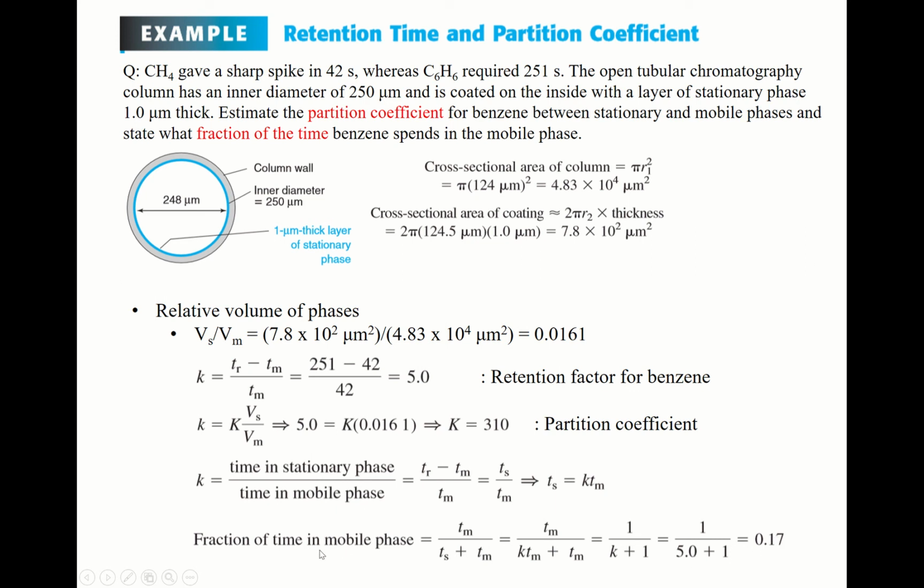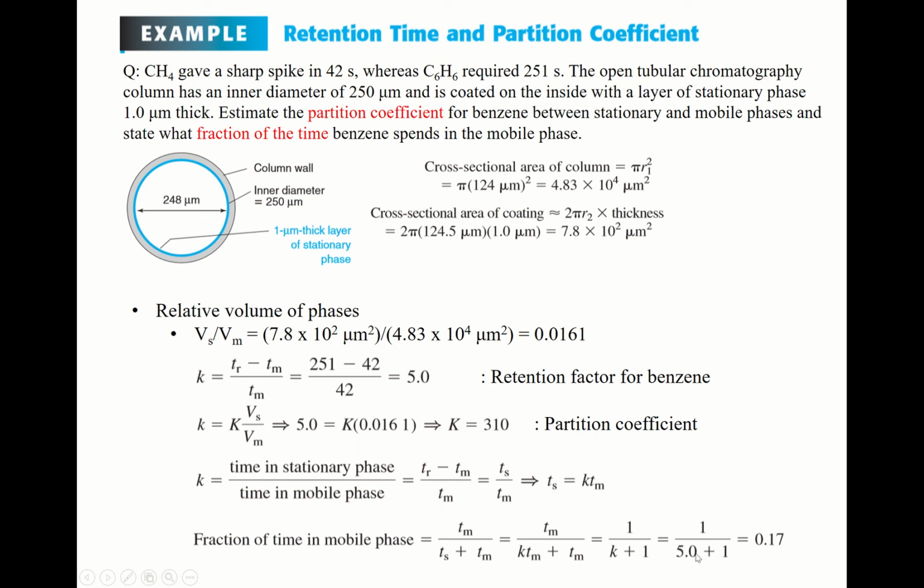That's the fraction of time in the mobile phase, which is one of the questions: the fraction of time benzene spent in the mobile phase. And what is the other fraction? 0.83.